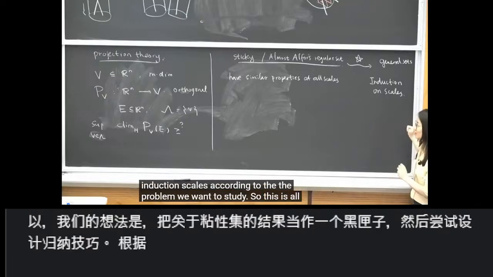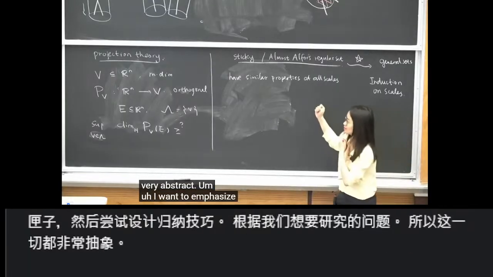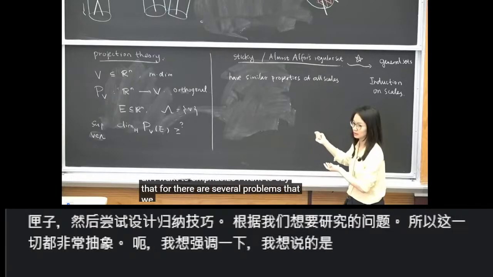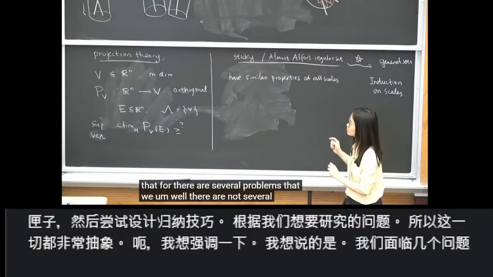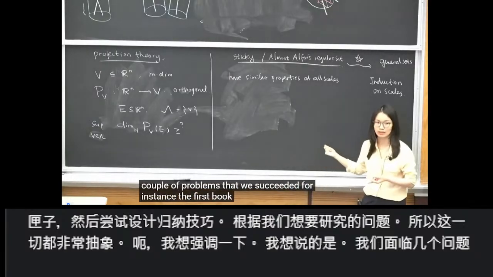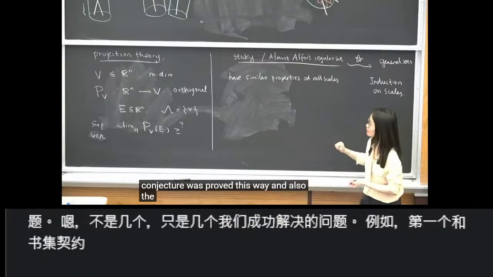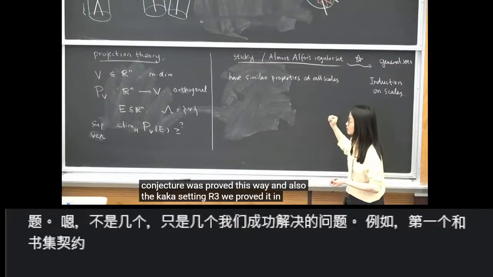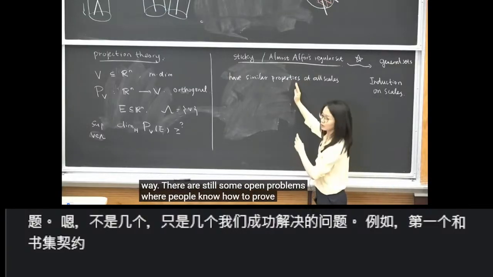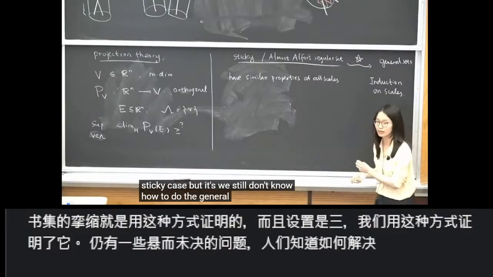This is all very abstract. I want to say that there are just a couple of problems that we succeeded on. For instance, the Furstenberg set conjecture was proved this way, and also the Kakeya set in R3. There are still some open problems where people know how to prove the sticky case, but we still don't know how to do the general case.